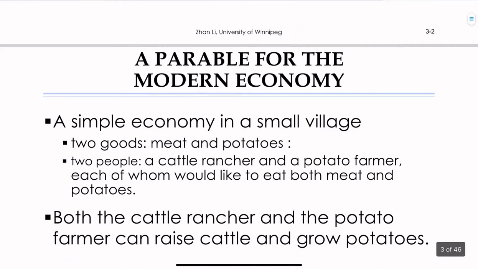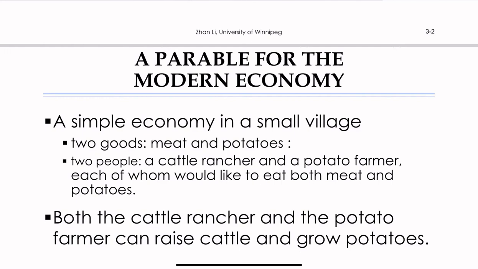We will start this chapter with a cute parable, a nice story. It's a parable for the modern economy. We are thinking about a simple economy in a small village.